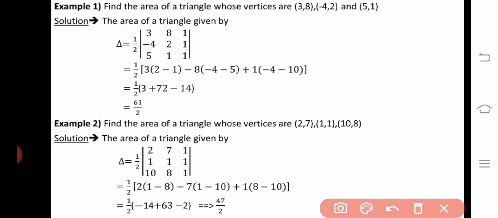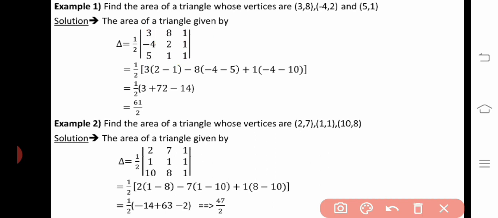Yes, expanding along the first row here implies 1 by 2 into 3 into, leaving the first column and first row element, 2 into 1 minus 1 into 1, 1.